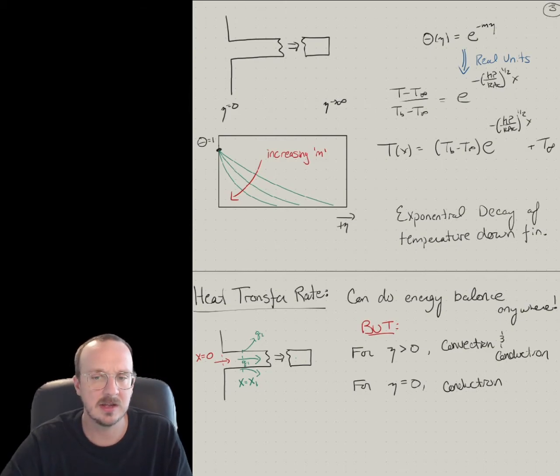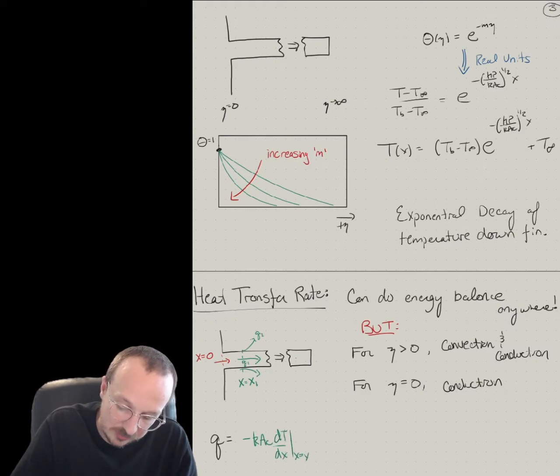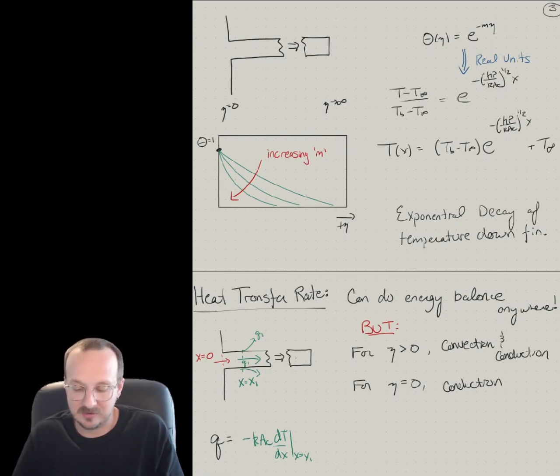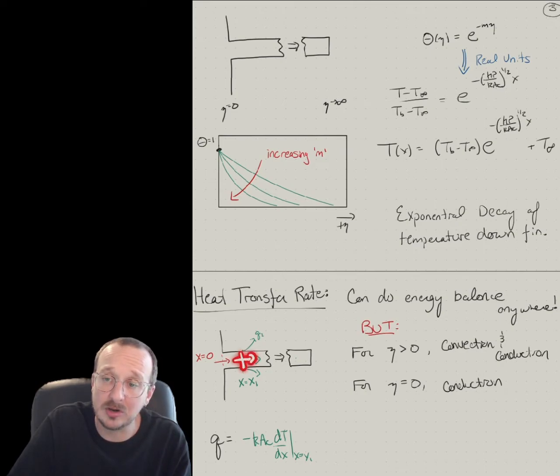Okay, we're going to say that Q, if we did this for some place Z greater than 0, it would be minus KAC dT dx at x equals some position x1. So this would be at an example at x1. So it'd be all the heat passing through due to conduction plus all of the heat that's been lost due to convection.